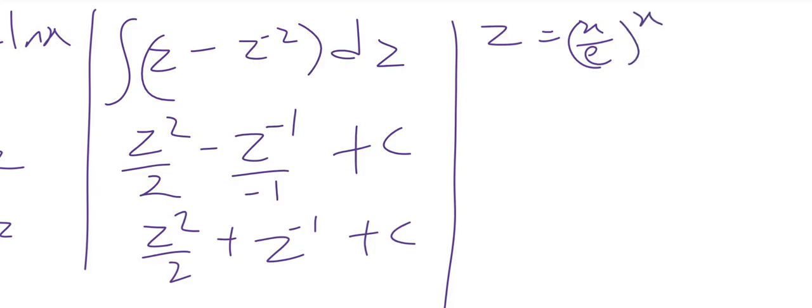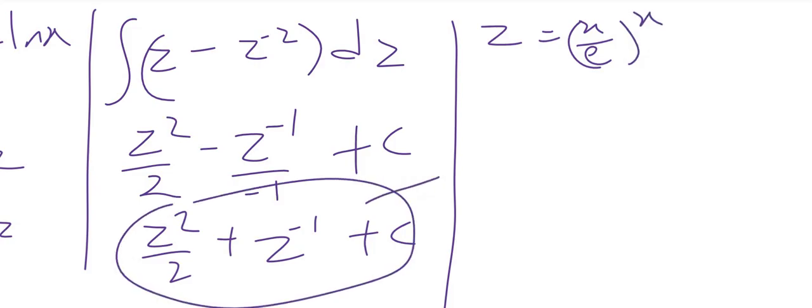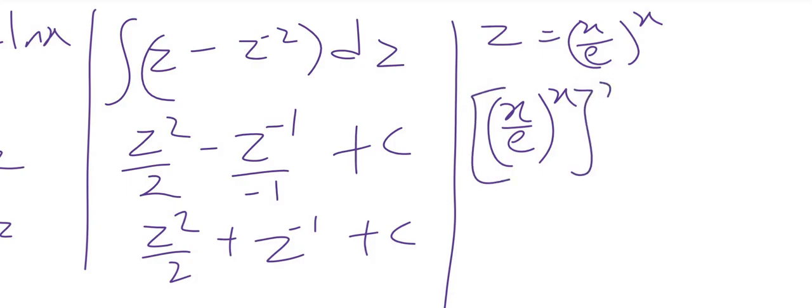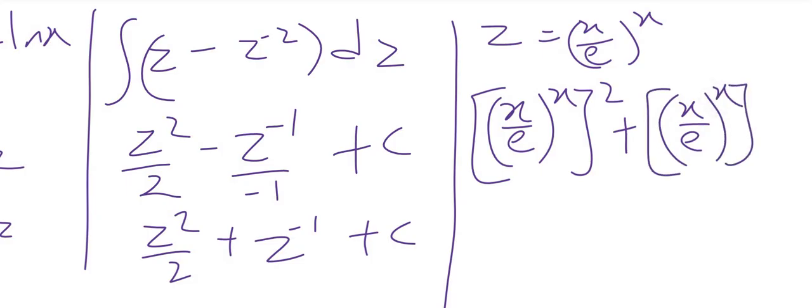So this will now give us x over e to the power of x, all squared, plus x over e to the power of x to the power of negative 1, plus c. Don't forget I have 1 over 2 here.